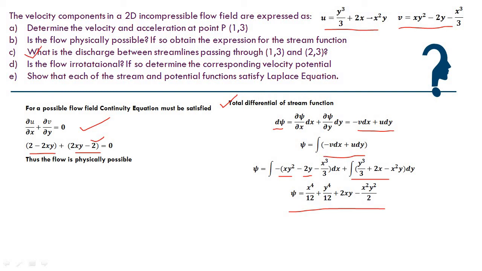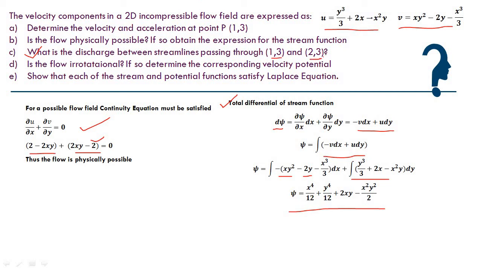Third part of the problem: what is the discharge between the streamlines passing through 1, 3 and 2, 3? We have just done this in the previous problem, that is psi 1 minus psi 2, the rate of flow between two streamlines, psi 1 and psi 2. For psi 1, you substitute x and y as 1 and 3 respectively.